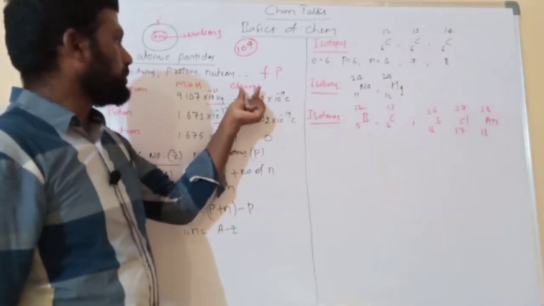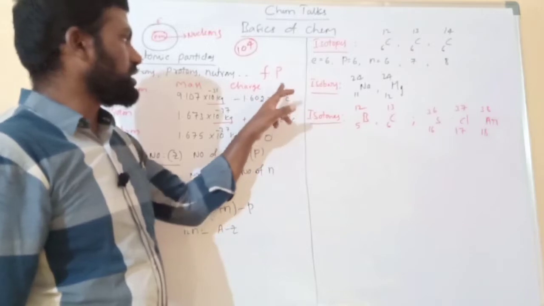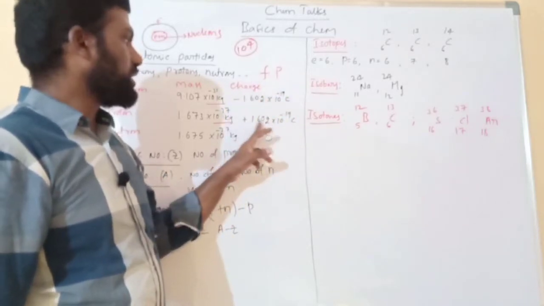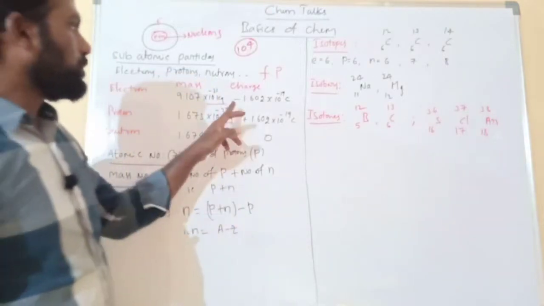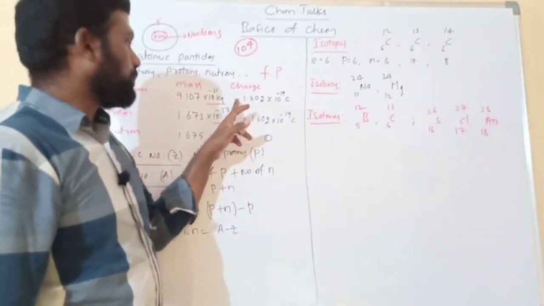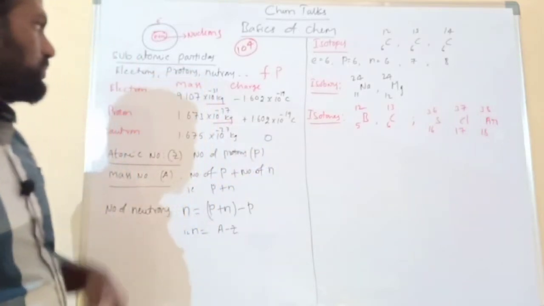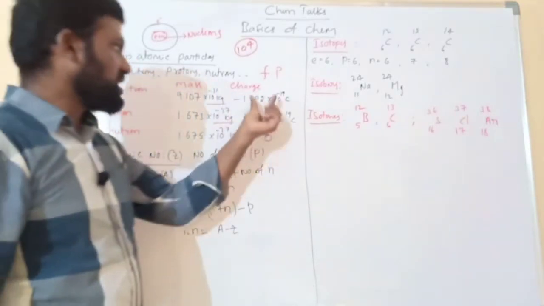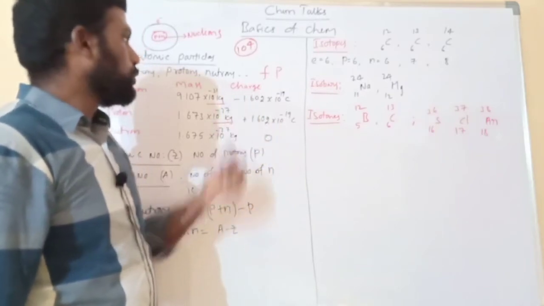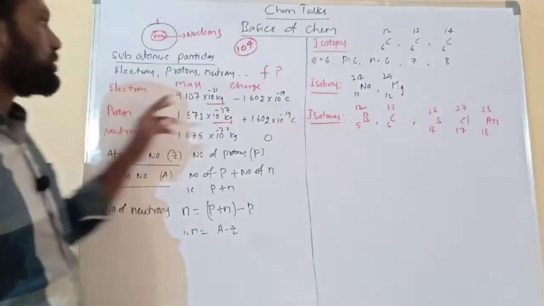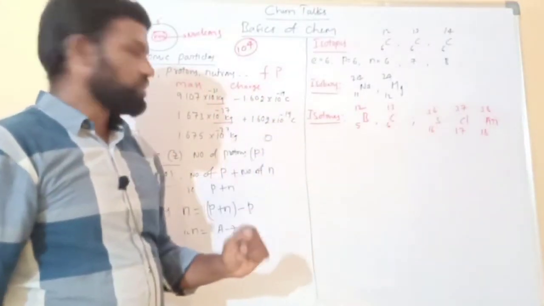Charge of electron and proton both are same, 1.602 into 10 raised to minus 19 coulombs, but here we are differentiating with minus and plus respectively. That means these two have the same charge with opposite signs. So we generally say electron has 1 unit negative charge, protons have 1 unit positive charge.